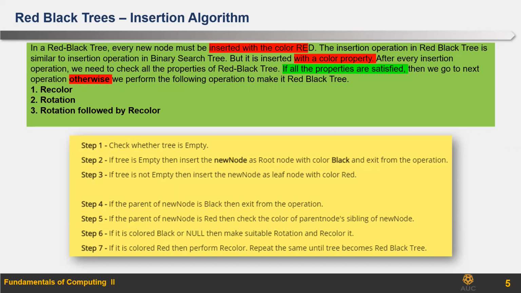Okay? So I'll repeat the algorithm one more time. Insert the root node as black, insert the new node as red. If the parent is black, then that's fine. If the parent is red, you check the uncle. If the uncle is red, then you recolor.